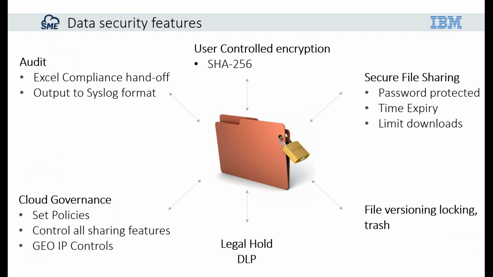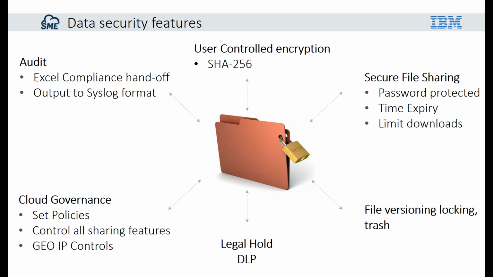In terms of the data security features, they're very intense and fully featured in the product. There is full file event auditing of all of the data sources that are mapped to the SME solution. These can be essentially handed off in an Excel file for a compliance officer on demand. They can also be incorporated into corporate BAM dashboards in syslog format. There's the ability to set policies, which we'll look at later in the demo.